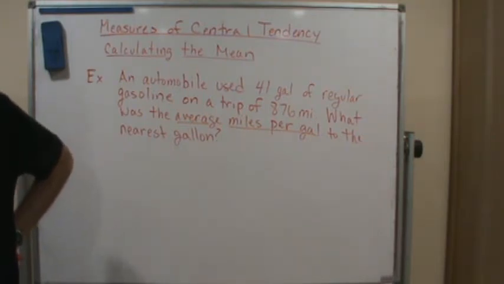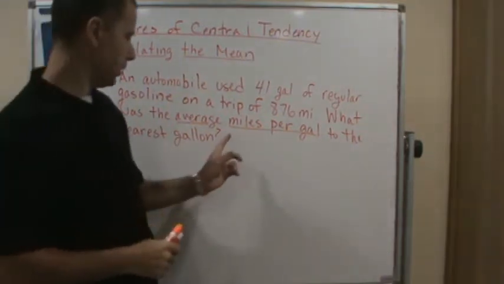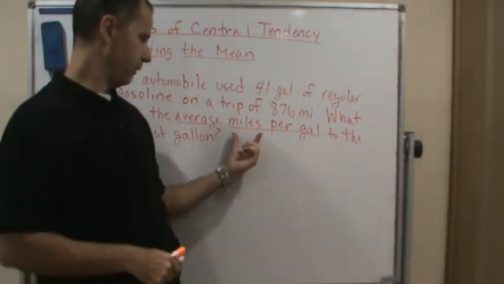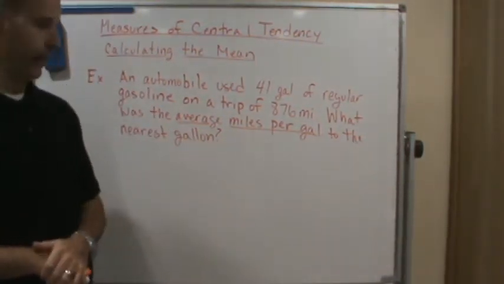In this case, we're looking at the total number of miles divided over the total number of gallons that were used, because we want average miles per gallon. Miles per gallon is telling us a division.